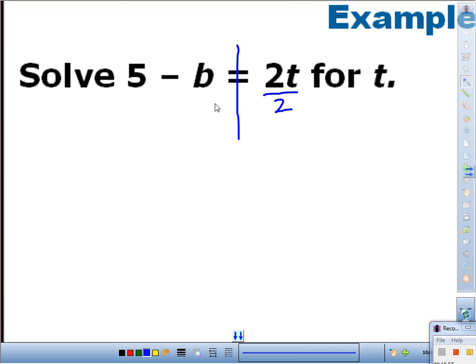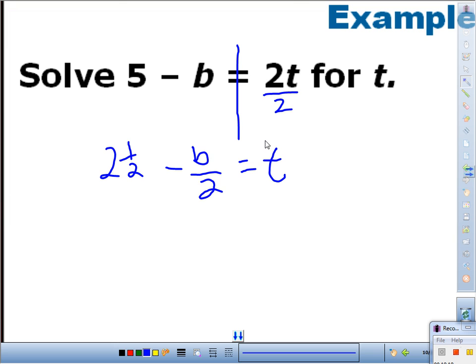Divided by 2. 2 1/2. Hands if you got that.